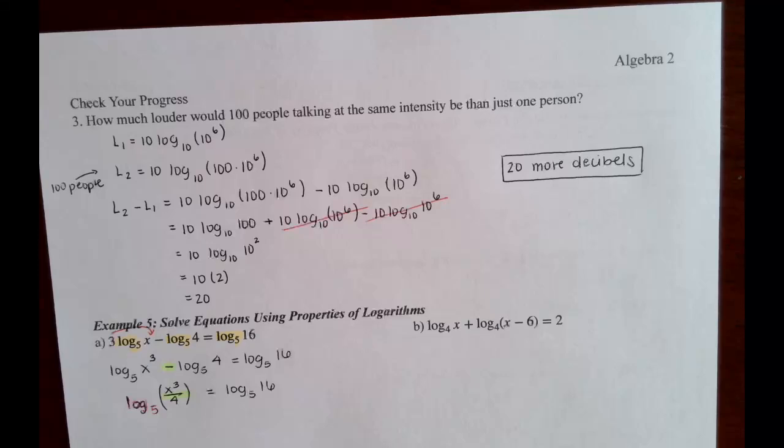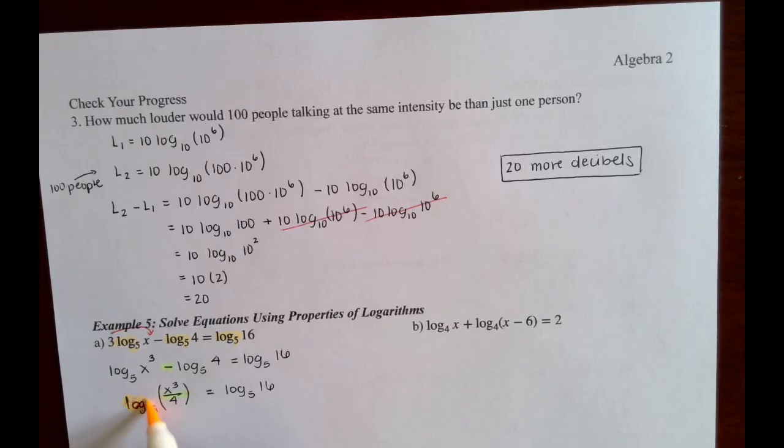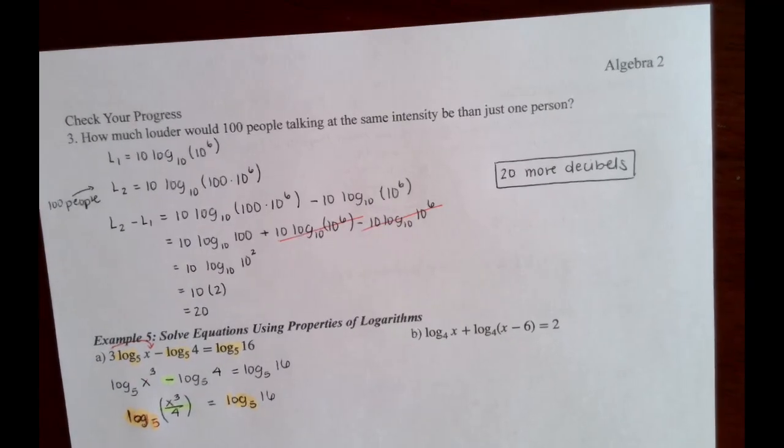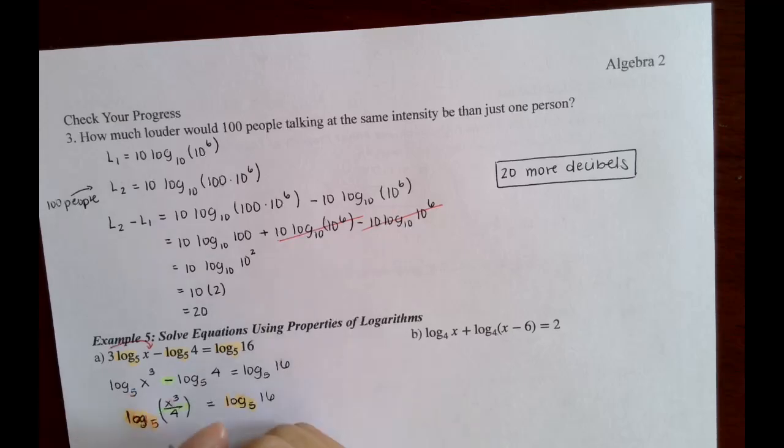Because of that minus, I should be using the quotient property. And now, we learned from the previous lesson, the logs are the same here. Now it's condensed, so I have to condense it before I can do this. Now I can say that x cubed over 4 equals 16. I'm going to multiply by 4 on both sides.